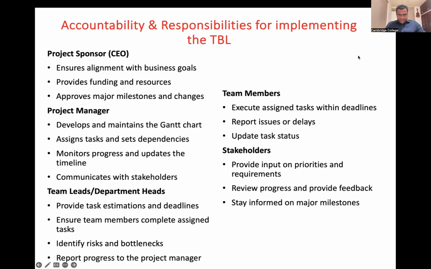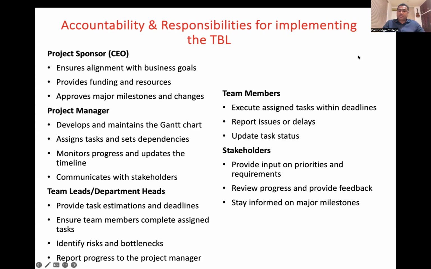Then you'll have a project manager, coordinator, who develops and maintains the Gantt chart, the project plan, aligns tasks, sets dependencies for each task, monitors the progress and updates the timeline, and communicates about meetings and minutes. Then you'll have department heads. They will take everything to their own departments, ensure that team members are compliant and assigned tasks, identify bottlenecks, and report to the project manager. Then you have team members, executives assigned to tasks with deadlines.